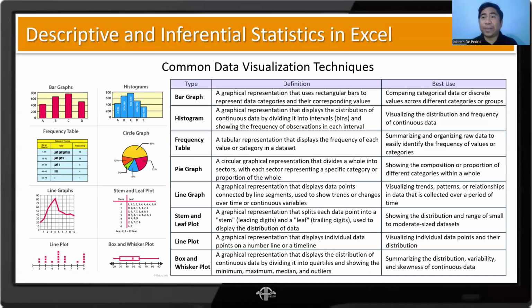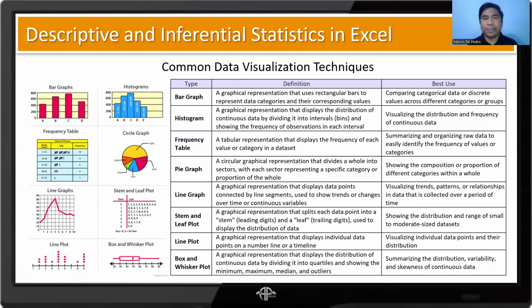You want to see the pattern of how temperature changes from the start of the day up to the end of the day. So for line graphs, historical data, anything with time series data, it's best to show them using line graphs.